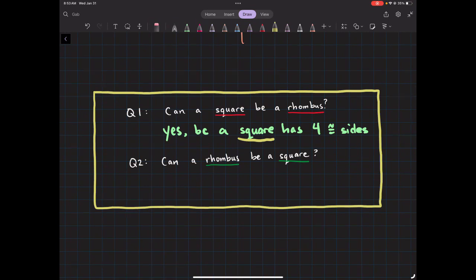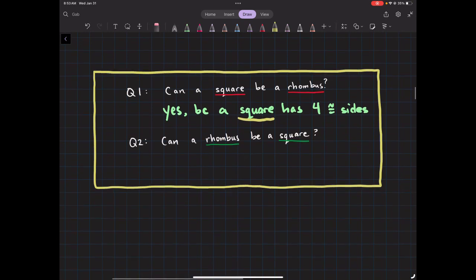Okay, but then question two, you flip it around, right? Can a rhombus be a square? Your answer, it feels like yes and no. It would be no, but then sometimes there's the option to say sometimes, and this is the time where we can say sometimes.